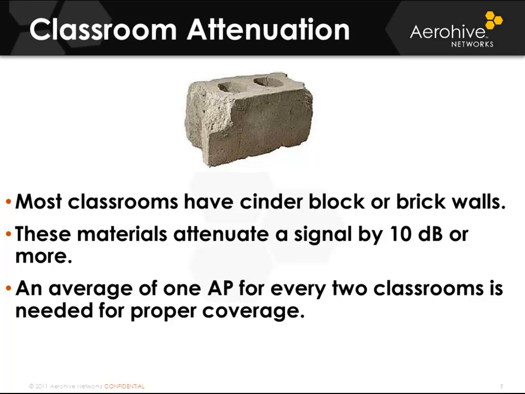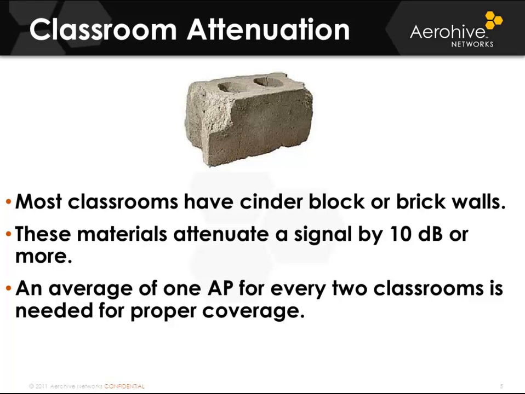A loss of 10 dB of signal strength is the equivalent of dividing the signal strength by 10. So if an access point is transmitting at 20 dBm, on the other side of the wall, you're going to hear that at 10 milliwatts.